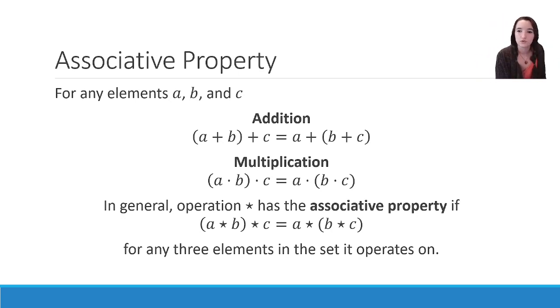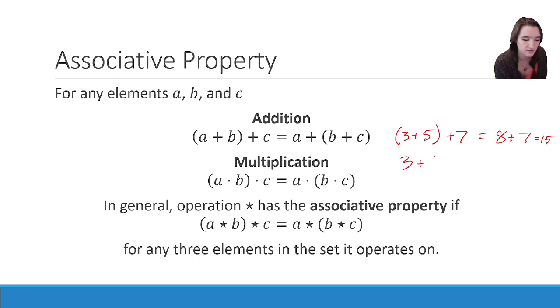So, for example, let's just choose some numbers here. So (3 + 5) + 7. Using order of operations, we do our parentheses first. So 3 plus 5 is 8, and then 8 plus 7 is 15.